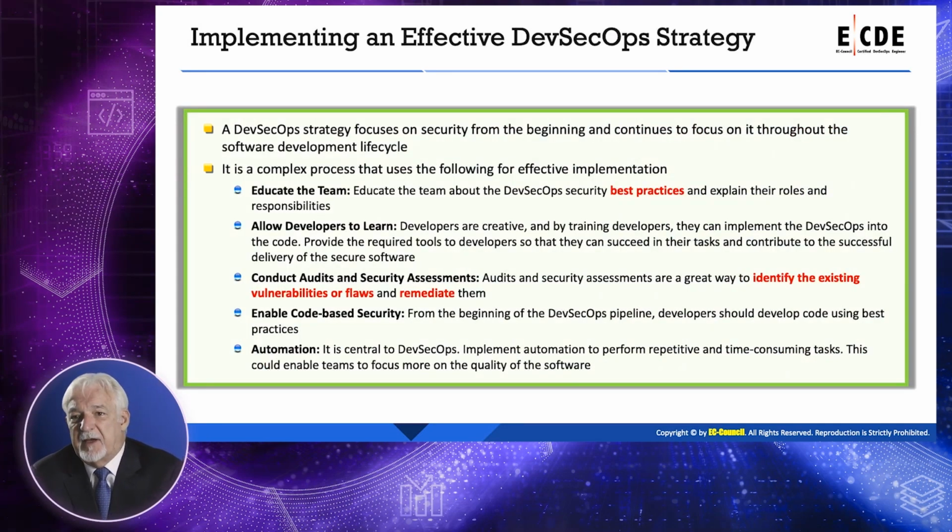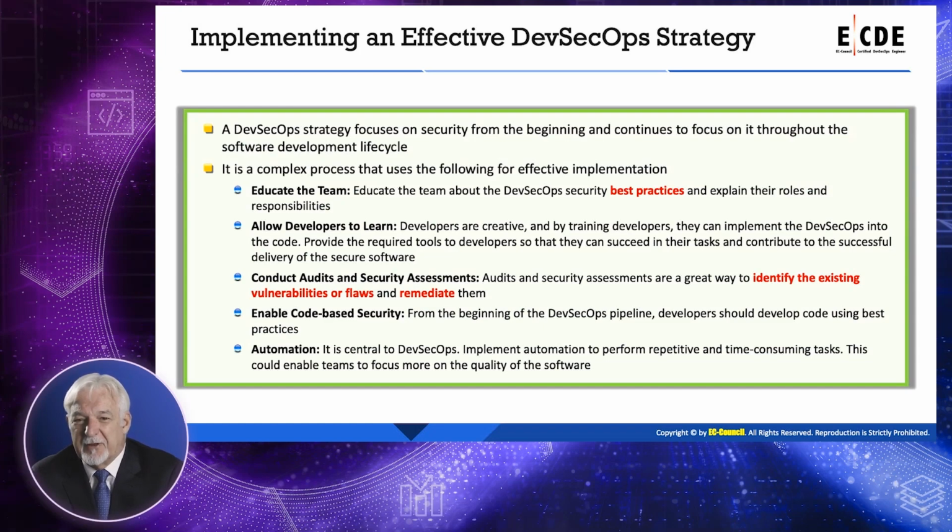Implementing an effective DevSecOps strategy. The DevSecOps strategy focuses on security from the beginning and continues to focus on it throughout the entire software development lifecycle. It's a complex process that uses the following for effective implementation. You have to educate the team about the DevSecOps security best practices and explain everyone's roles and responsibilities in supporting it.